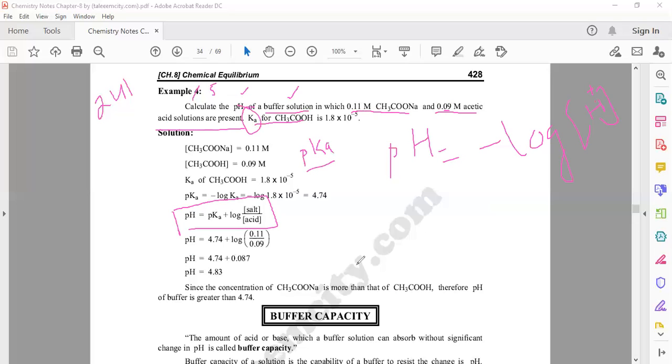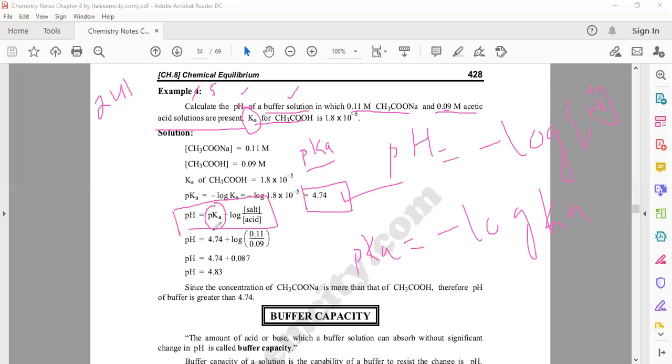How can you change it? As we know, pKa is equal to minus log of Ka. So take minus log on the calculator of 1.8 exponent minus 5. It becomes 4.74. You must remember this value by now, that the pKa value of acetic acid is 4.74.